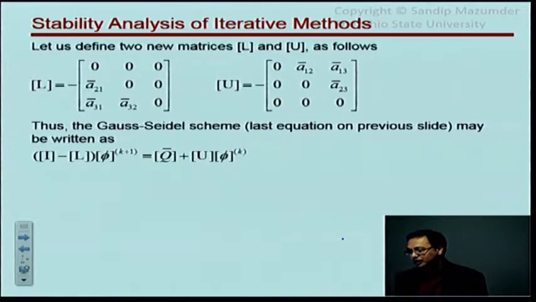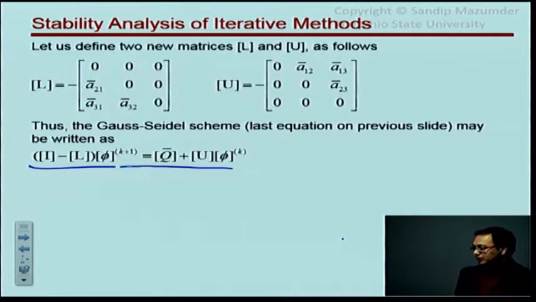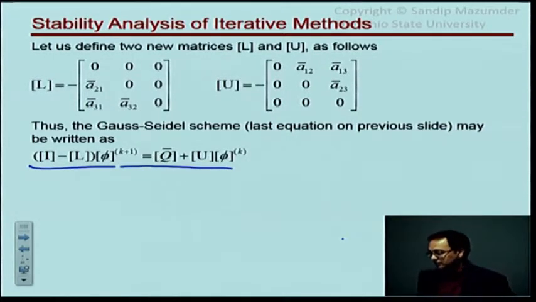And when you do that, the last equation on the previous page is basically written in matrix form like that: I minus L times phi k plus 1 is q bar plus U times phi k. Everybody with me so far?